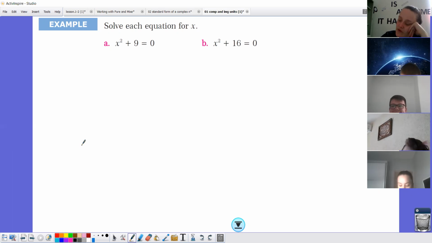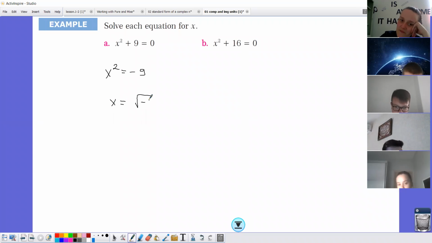Okay. Now, if you have these equations, Alexander, how will you solve the first one? X squared is equal to -9. Okay. X is equal to root of -9.